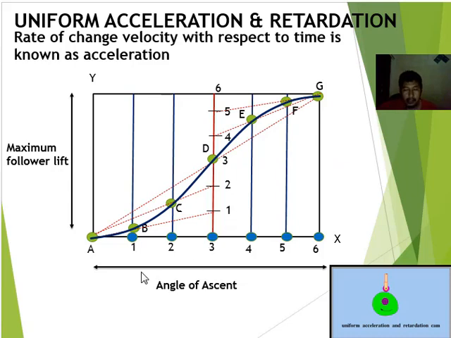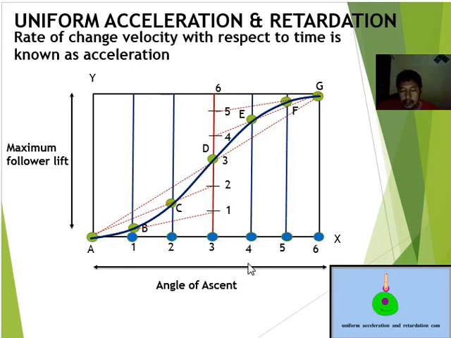For the first method, you can divide the angular displacement of the cam during the stroke, for example into 6 parts: 1, 2, 3, 4, 5, 6.